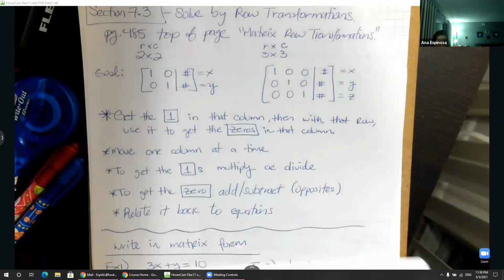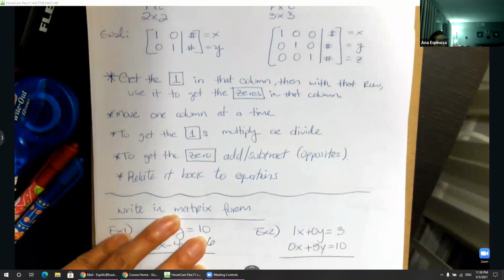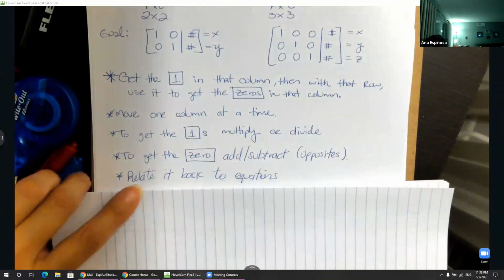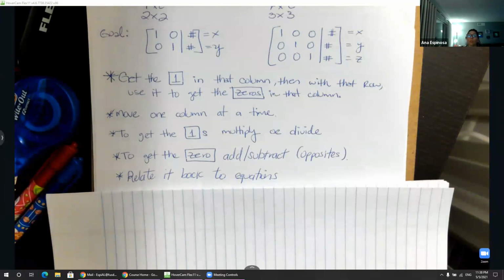All right, these are the steps. You can use these again on the exam. Let me go over the steps. Your job is to get every single number in that specific slot as zeros and ones, okay? It's kind of like doing a Rubik's Cube, right?